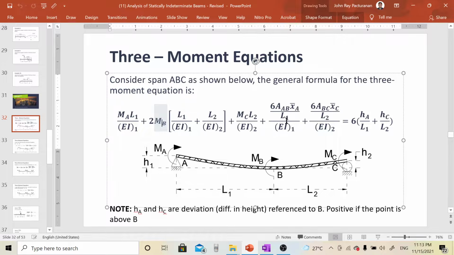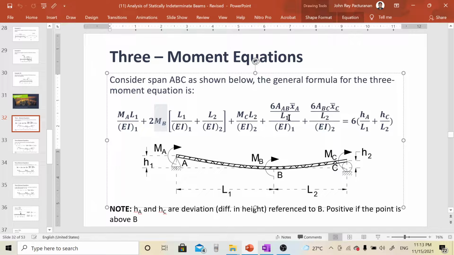So, itong mga values nito, we will discuss this later on in this video. Actually, ito yung pinaka-complicated sa discussion natin, yung maghahanap ng values na ito. The old-fashioned method is to use the tables na makikita nyo sa libro ni Pytel and Singer in Strength of Materials.